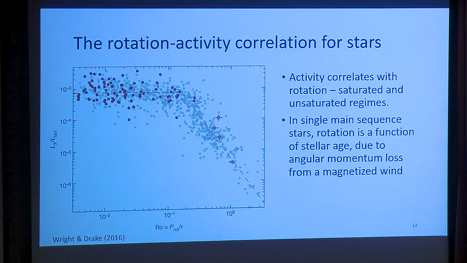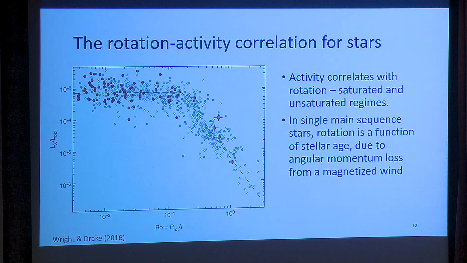This I threw in because I think we should mention the rotation activity correlation. It's something very fundamental that underlies a lot of what we're seeing when we talk about stars. Activity correlates with rotation. That is the fundamental thing.